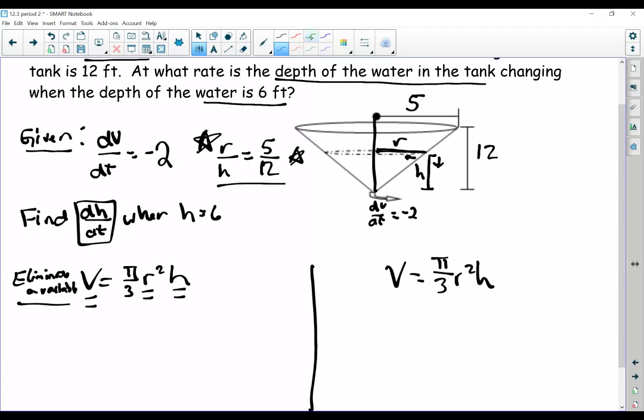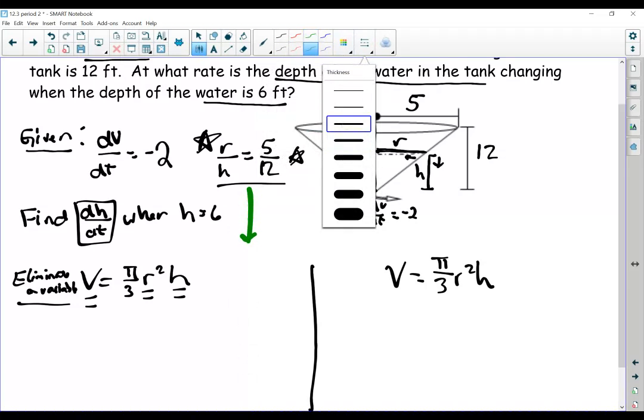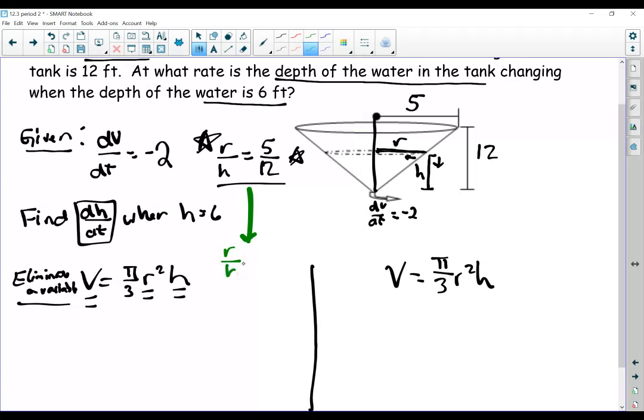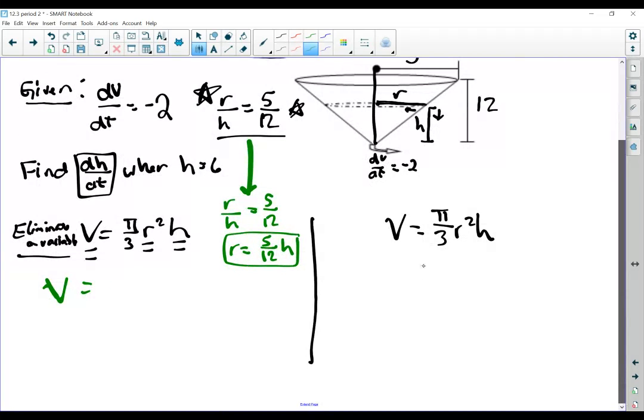So here's how I would do this. I'm going to move this down and I'm going to say, okay, if my radius to height ratio is always 5 to 12, what that tells me is that my radius is always 5/12 my height. I can use this relationship as a substitution in this problem. So I'm going to rewrite my equation to be V equals pi over 3, and instead of r, I'm going to write (5/12 h) squared times h.